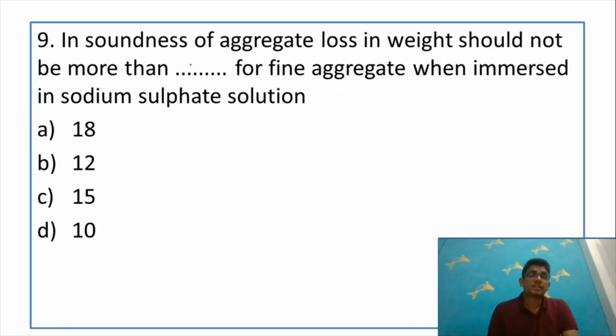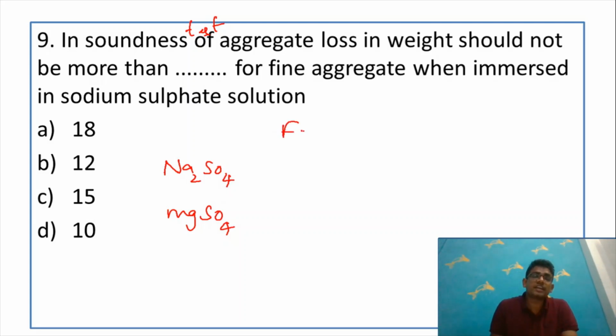Next one. In soundness test of aggregate, loss in weight should not be more than dash for fine aggregate when immersed in sodium sulfate solution. Basically, soundness test is conducted in two types of solutions. One is Na2SO4, another one is MgSO4. You can conduct the test either in the Na2SO4 solution or in the MgSO4 solution.